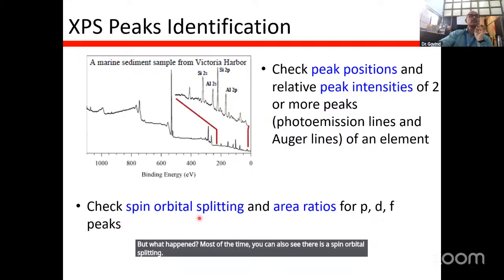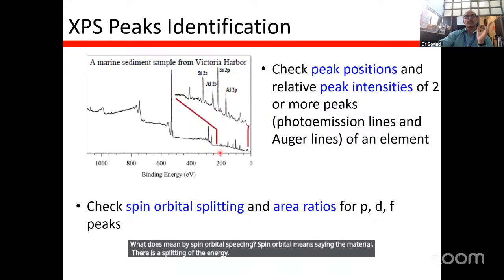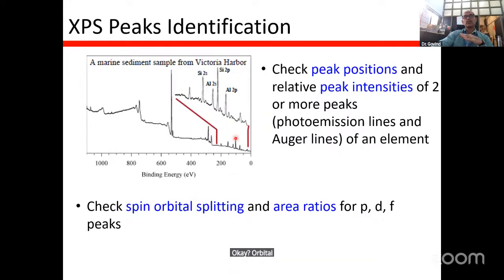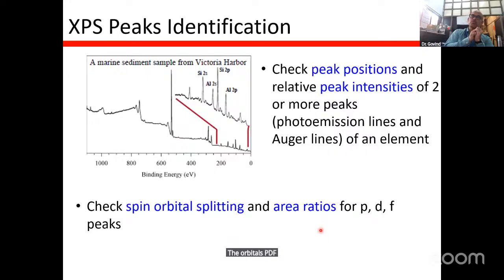What is meant by spin orbital splitting? Spin orbital means that in the same material there is a splitting of the energy; the orbitals are getting split. Those are generally p, d, f peaks. The p, d, f orbitals are most of the time observed only as split orbitals.